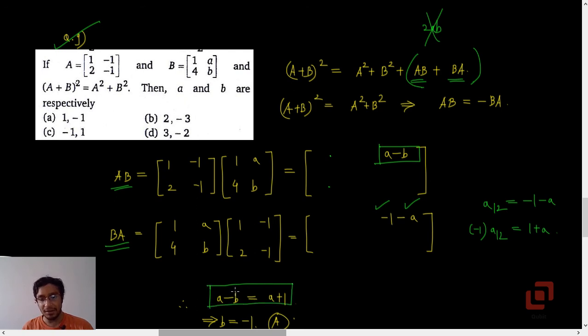A gets cancelled. Minus B is equal to 1, or B is equal to minus 1. Now fortunately there is only one option which has B negative 1, so it is option A. Okay, a tricky question, and you can save a lot of time by avoiding unnecessary calculations, correct?